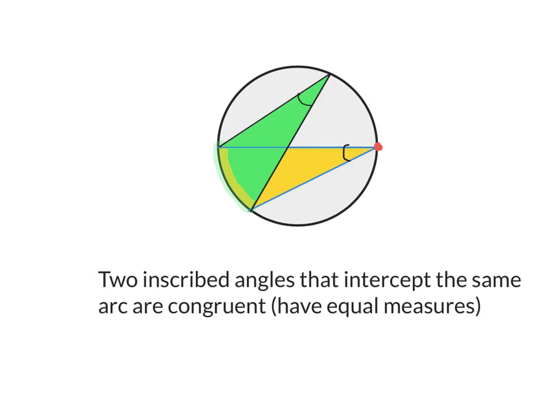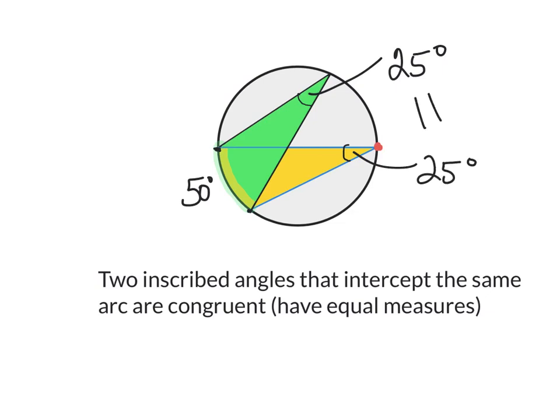For example, if this intercepted arc was, say, 50 degrees from here to here, and we wanted to know what the two angles were, we would know that this inscribed angle is 25 because it's half of the arc, and so is this one, half of the arc, which is 25. And so that means these two have to be equal.